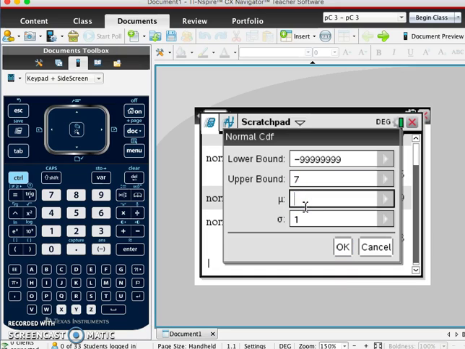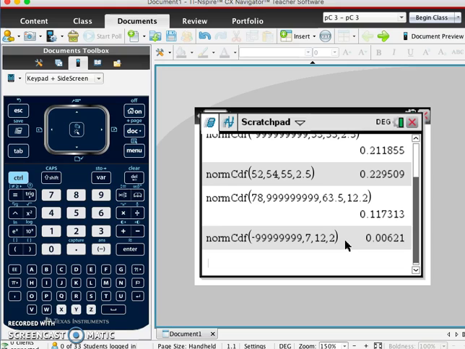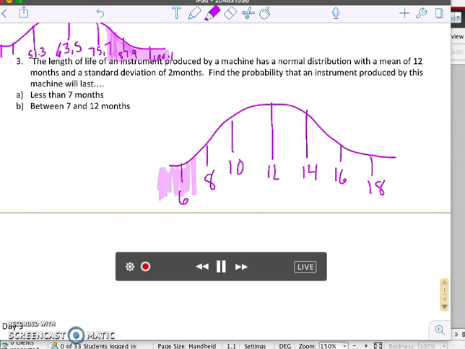Our average was 12. And then our standard deviation was 2. So we have 0.006. So that would be 0.6%.